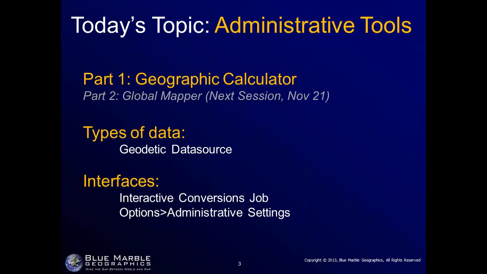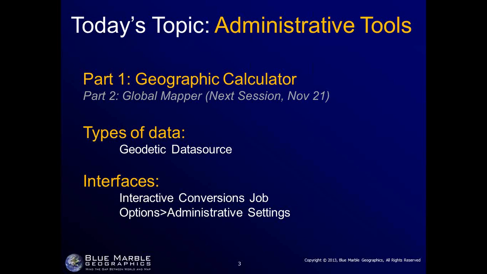This month we're actually going to be tying them together. So today's Geographic Calculator session is going to directly feed into the next session of the Global Mapper webinar, and we're going to see how the interrelated tools can be used in each version of the application.